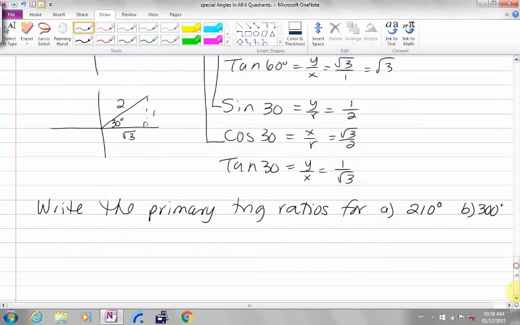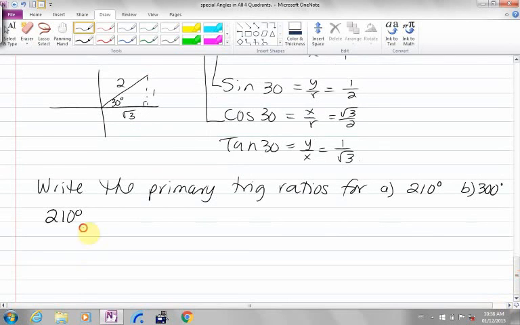All right, so for 210 degrees, the first thing you need to do is draw yourself a picture so that you can figure out what the reference angle is. So 210 degrees is 30 degrees past 180. So the 30 degrees goes there, the 60 degrees goes there. How do you know how to draw the line?